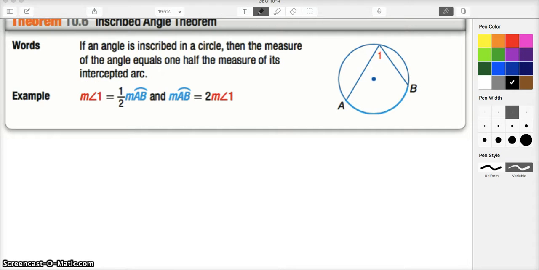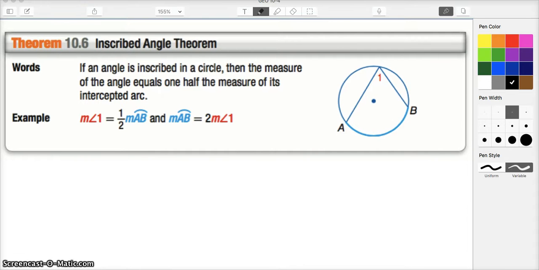So here we are with theorem 10.6. What we're talking about is the inscribed angle theorem, what I was alluding to earlier. If an angle is inscribed in a circle, then the measure of the angle equals half the measure of the intercepted arc. So this angle is going to be half this intercepted arc. Whatever this intercepted arc is, you take that and cut it in half.